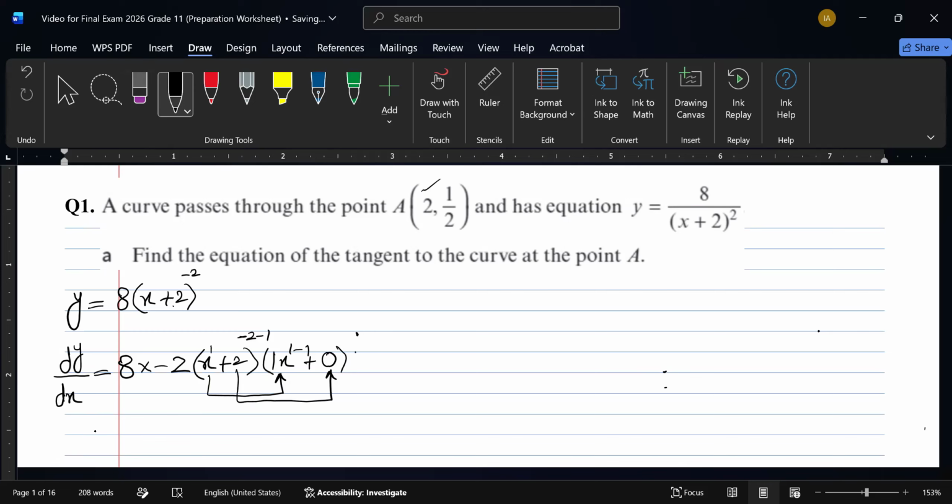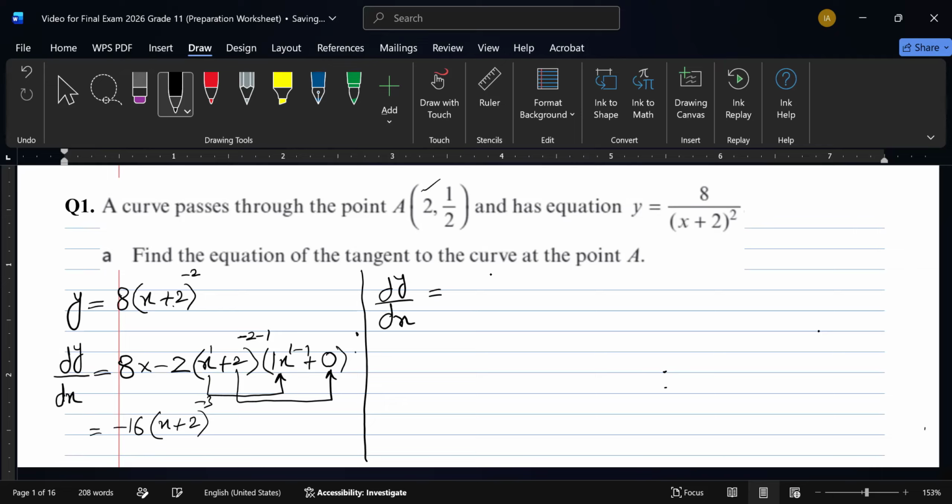Now, we have negative 16 (x plus 2) to the power minus 3. Always remember, whenever you solve an algebraic expression, your power should be positive. That's why it is better to put this back into the original position, meaning in the denominator.